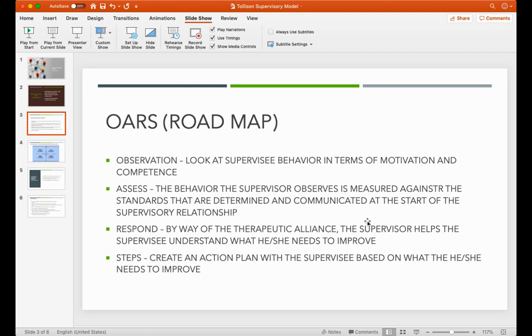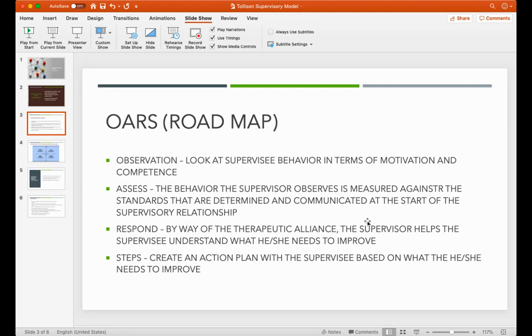So using Socratic questioning could be a very important and helpful tool to get there. Socratic questioning is just a method of asking open-ended questions with the intention of guiding the supervisee to a productive outcome.